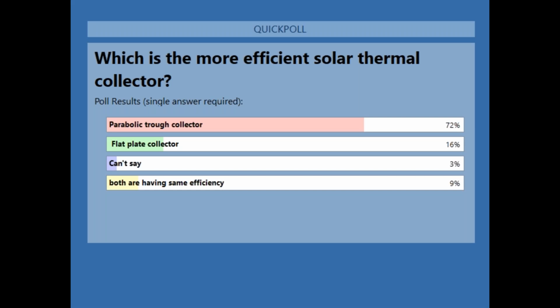The correct answer is parabolic trough collector, because the flat plate collector is less efficient than the parabolic trough collector, which I have already discussed in the presentation. Okay, so 72% have gone with the correct answer, so we should be happy with that.